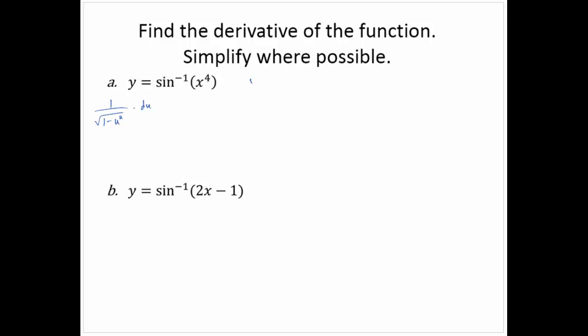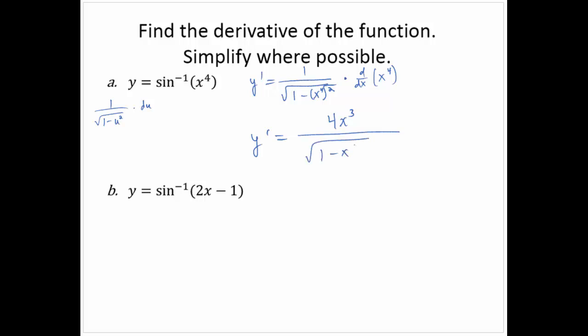So y prime would be 1 over the square root of 1 minus x to the fourth squared, times d/dx of x to the fourth. That ends up in the numerator as 4x cubed, and in the denominator, the square root of 1 minus x to the 8th.